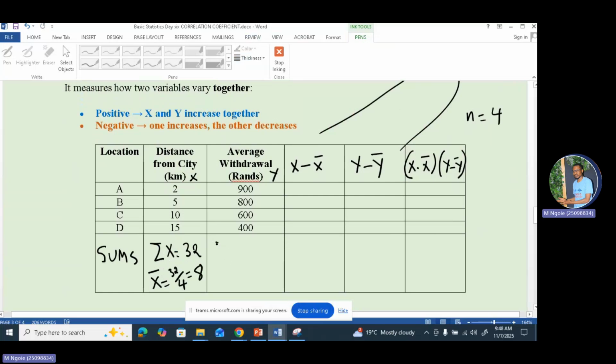And here it's gonna be like sum of y, 1.7 plus 1000 divided by 4, that's gonna be 195.